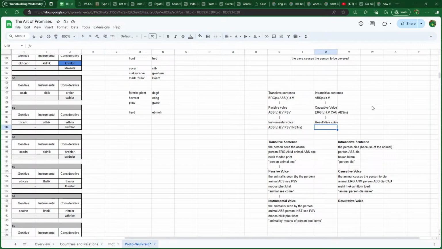So we have that, but it's causative. So it's both passive and causative at the same time, right?